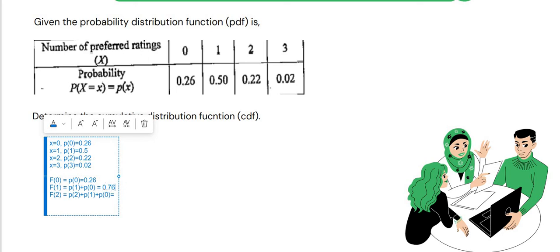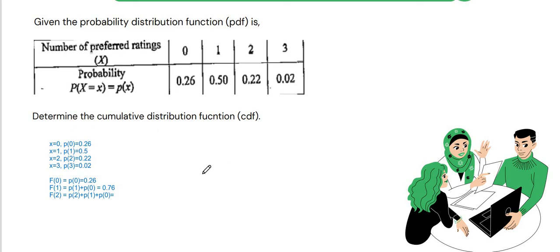Okay, I forgot to tell you something. After you are done, you transform into this part. For example F0, you have 0, and you just write here 0.26, the probability that you have. And then 0.76. Sorry class, my handwriting is always like this.